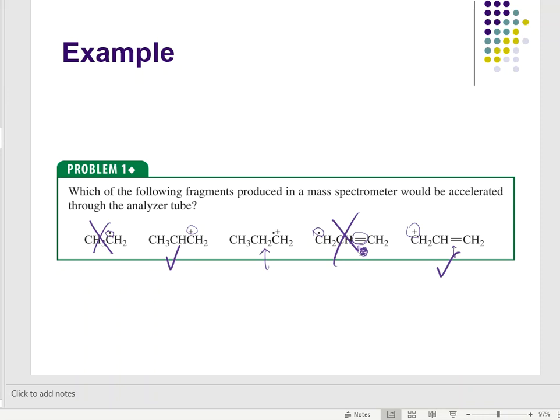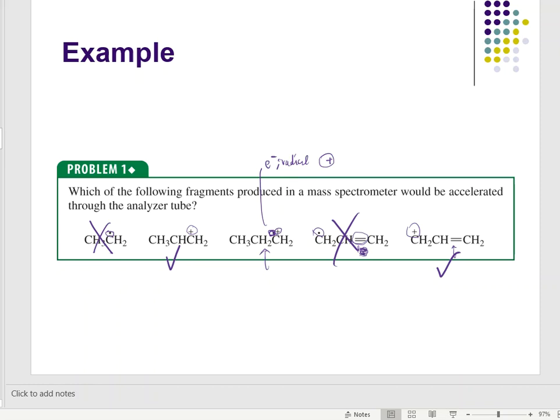This third one, well, I see the positive. It's right there. But right beside that, I also see a dot. And that dot is, of course, an electron. If that dot was the only one there, then that thing is going to be a radical, and it will be removed. But the problem is that I also see the positive right beside that, almost on the same carbon. So the question is, does that really go through or not?